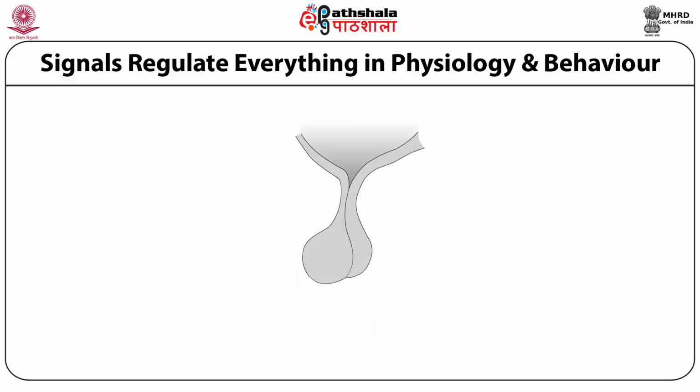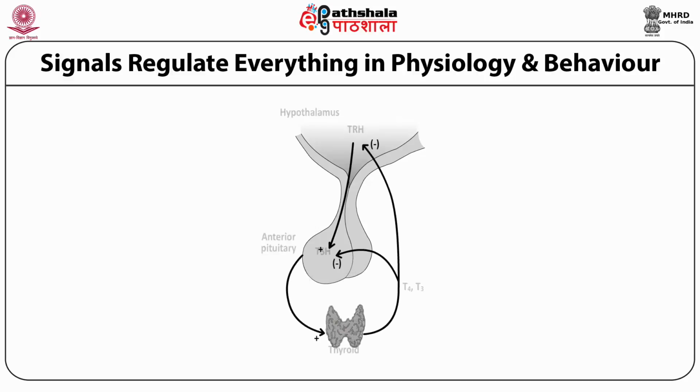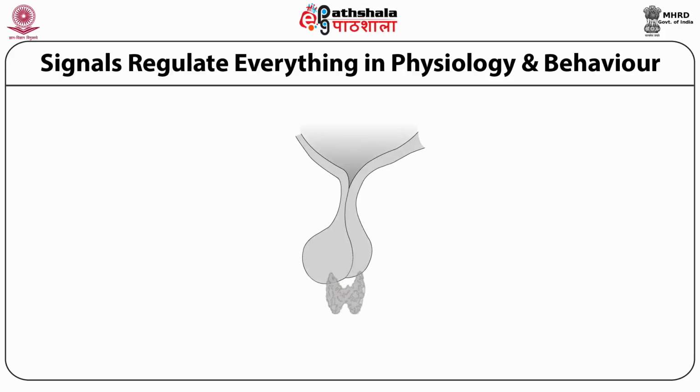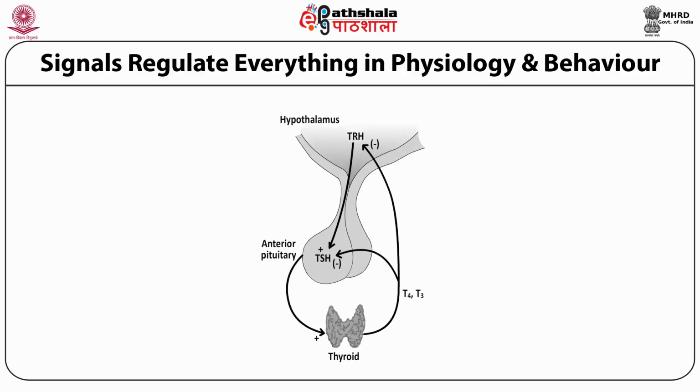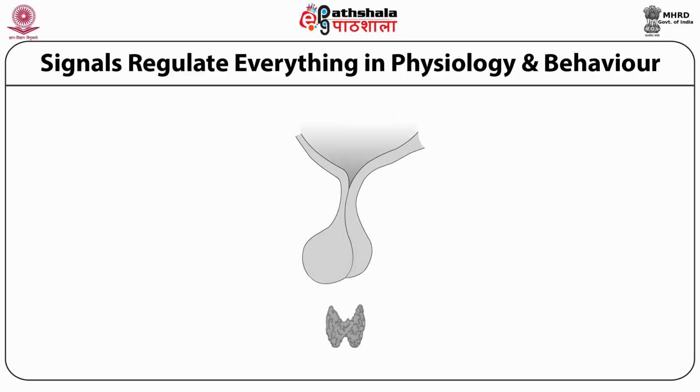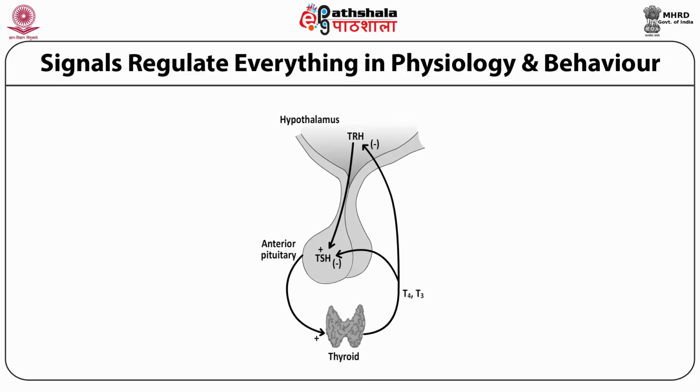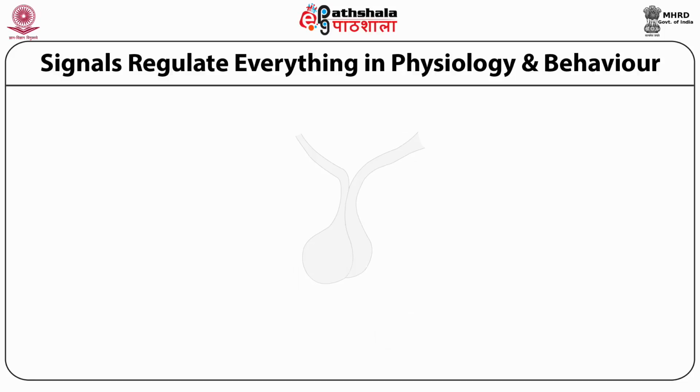This glycoprotein, thyroid stimulating hormone, is released into blood, and that travels to another tissue called the thyroid gland, which is in the neck region above the trachea, and this thyroid responds to this TSH by releasing in its turn hormones called T3 and T4.